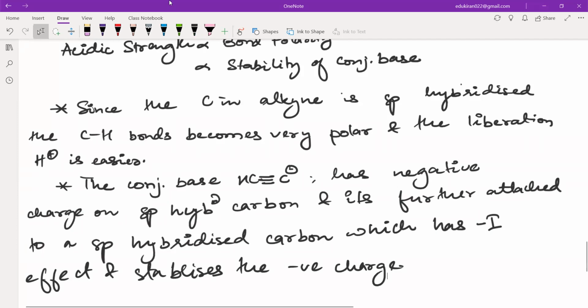So both of the conditions are fulfilled: the sp carbon is an electron withdrawing group through inductive effect, and that is why it is going to stabilize the negative charge. And the negative charge is already present on an electronegative element, that is the sp hybridized carbon atom.